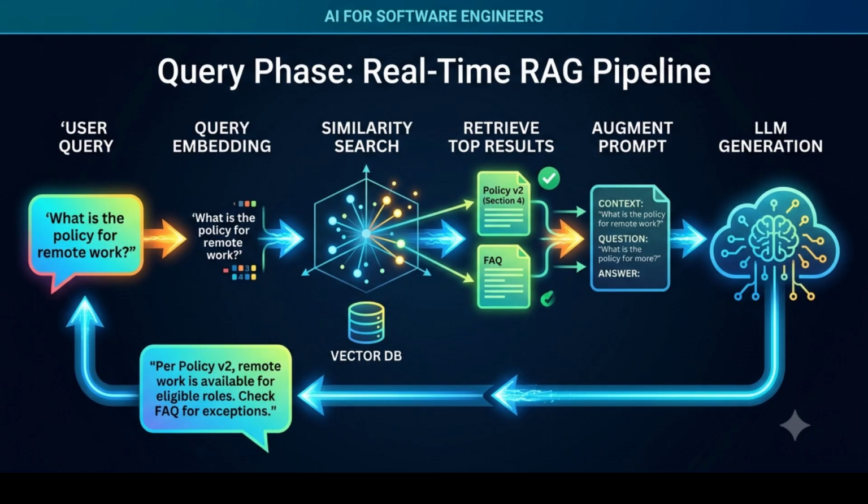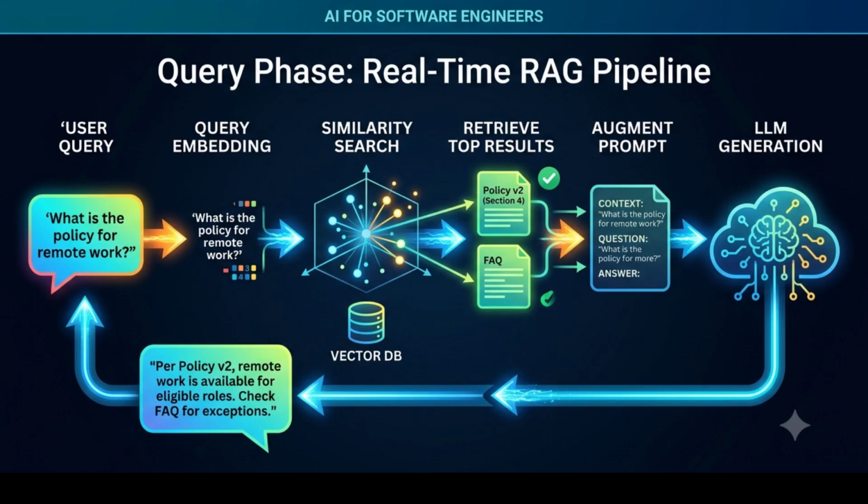You're comparing the embedding from the user query with the ones already existing in your vector database. Once you do this similarity search, you retrieve your most relevant chunks, inject them into the prompt, and send that to the LLM. And you get a beautiful answer. That's your pipeline.